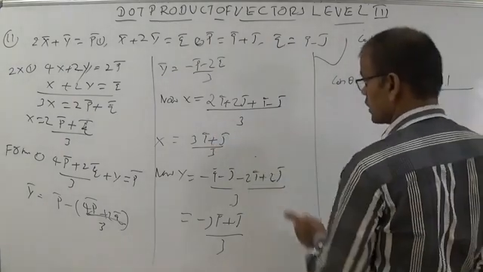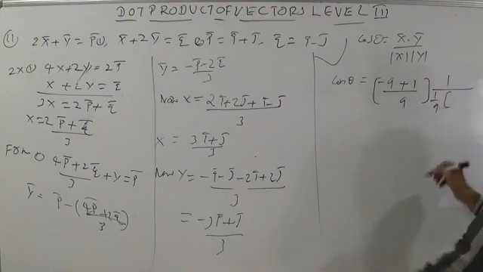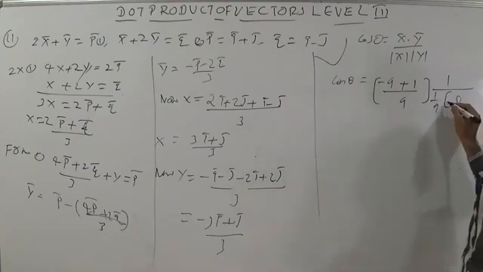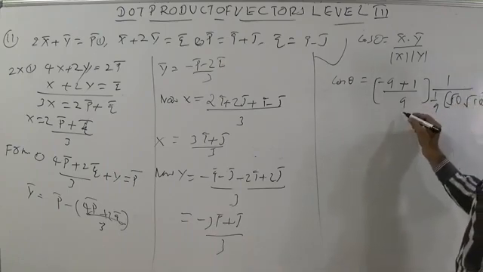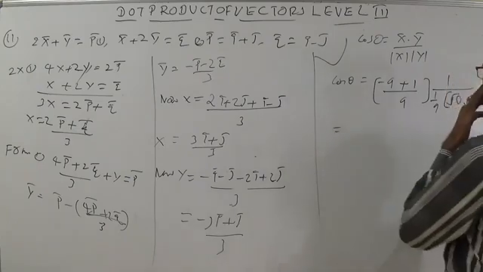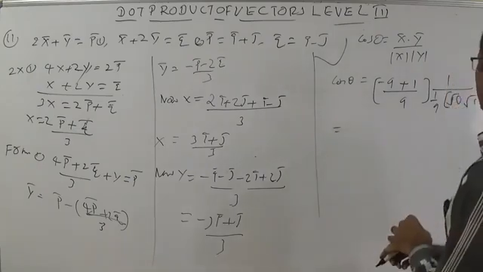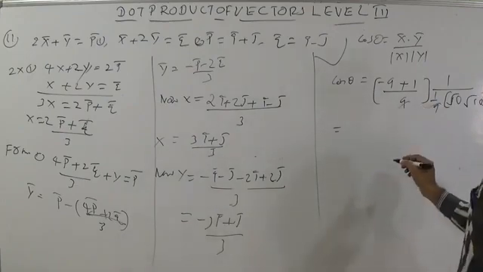What is the value of the magnitude? Take 1 by 9 in common. Then it becomes root 10 into again root 10. So this is 9 plus 1, minus 8 by 10. The 9 and 9 get cancelled.